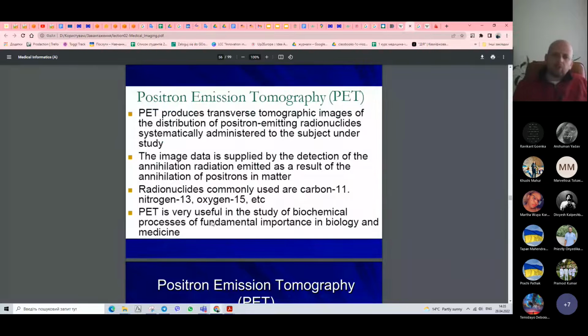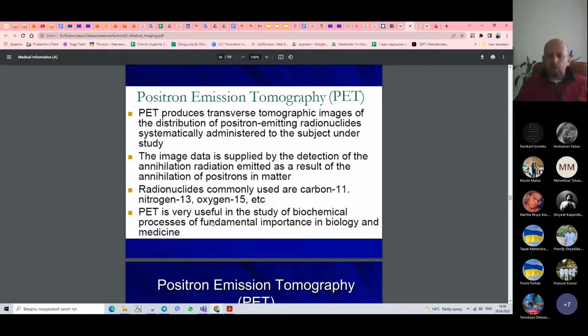Positron emission tomography produces transverse tomographic images of the distribution of positron-emitting radionuclides systemically administered to the subject under study. The image data is supplied by the detection of the annihilation radiation emitted as a result of the annihilation of positrons in matter.